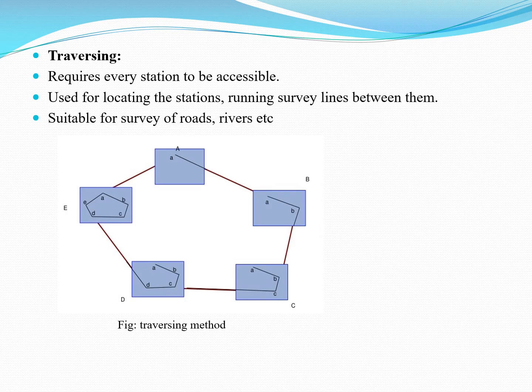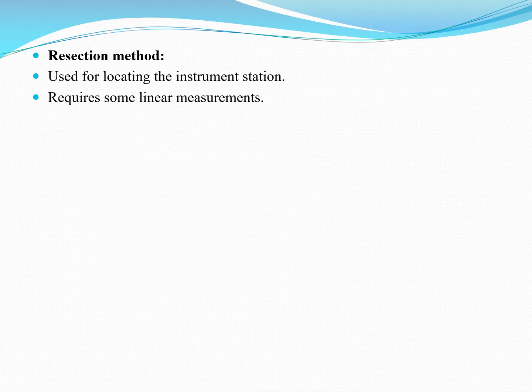So this is the traversing method of plane table survey. Next is the resection method. It is used for locating the instrument station, and it requires some linear measurements also.